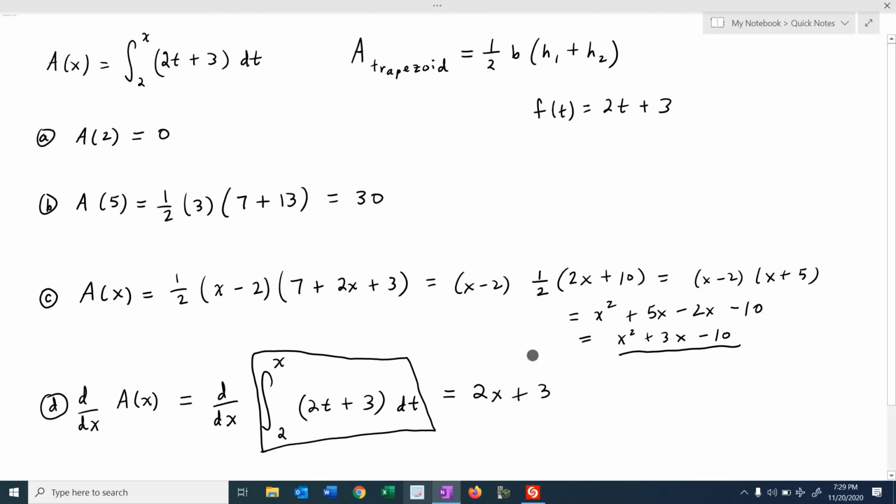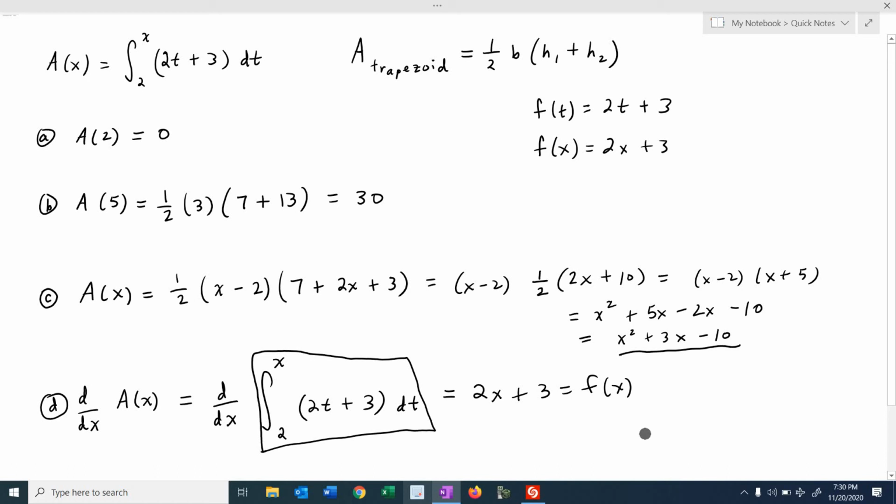The original function depended on t, and this one has a dependency on x. So it's not f of t, because f of t is 2t plus 3, but it is f of x. If you evaluate this function at x, you do get 2x plus 3. So this is not f of t, it's actually f evaluated at x.